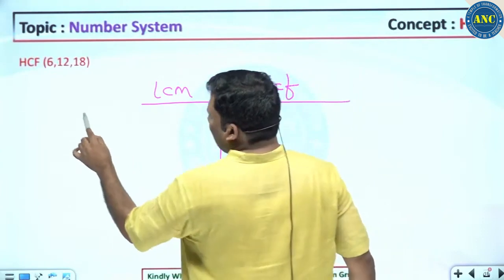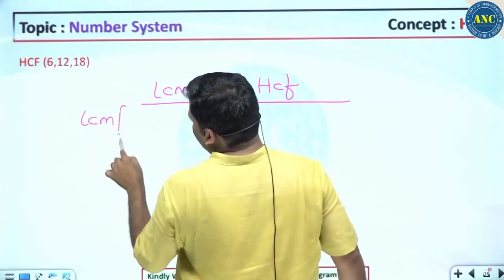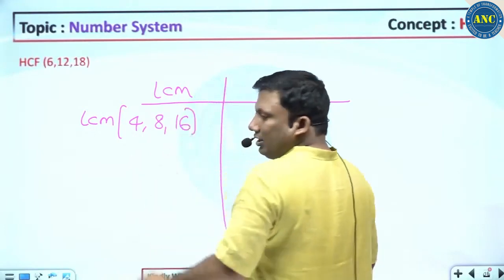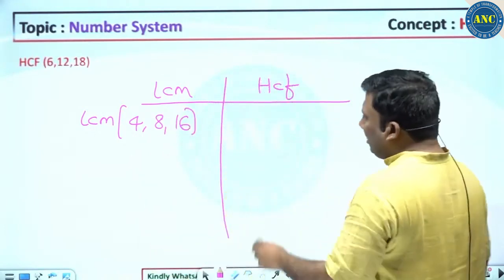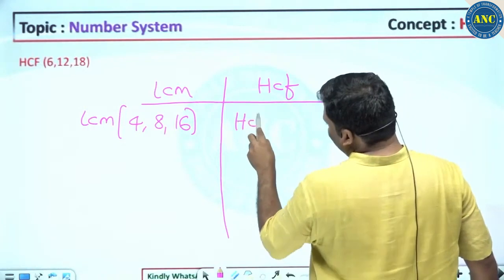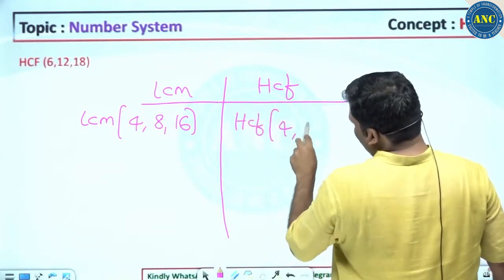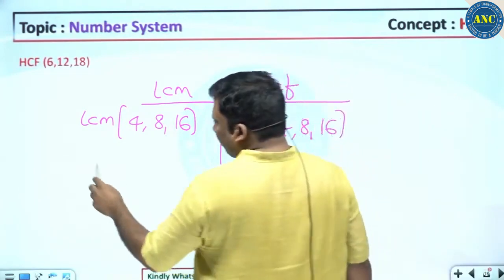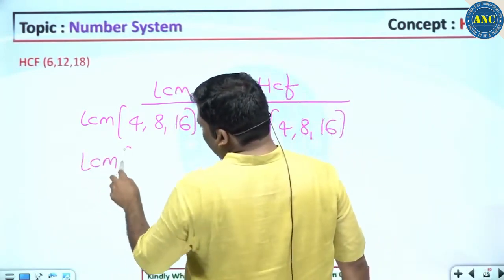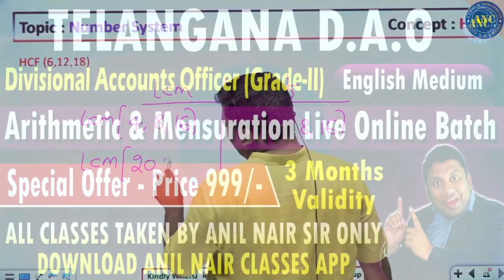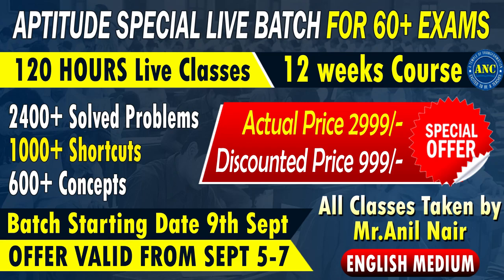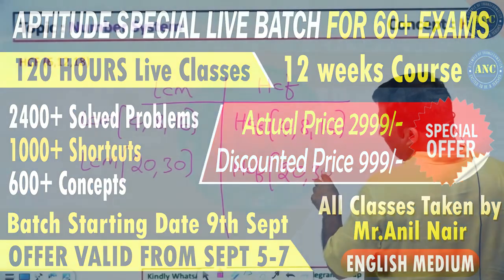Listen carefully, sir. LCM of 4, 8, 16. HCF of 4, 8, 16. Another example: LCM of 20, 30. HCF of 20, 30.